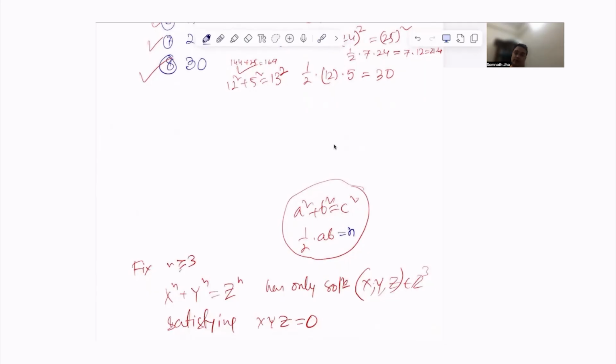And as I said, n equal to 2 is the only case, other than n equal to 1, where there are lots of solutions. So we'll quickly recall this classification.